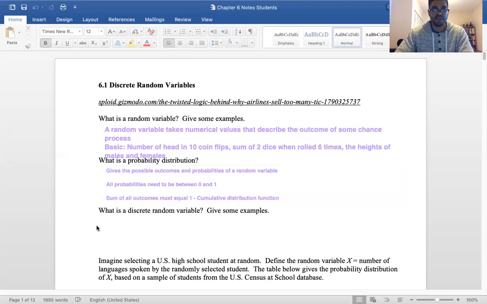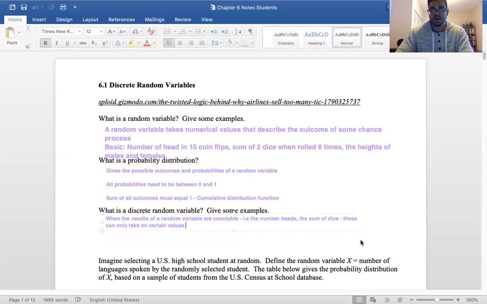Now that gets us to the actual question, what is a discrete random variable? A discrete random variable is just something that can only take on countable outcomes. When the results of a random variable are countable, i.e. the number of heads, the sum of dice, these can only take on certain values.